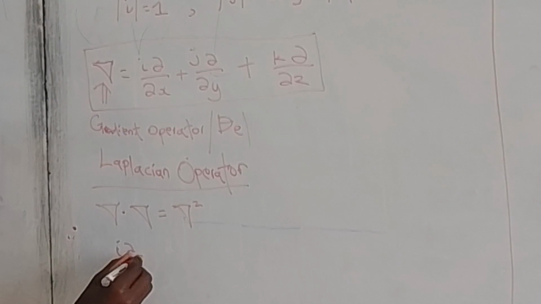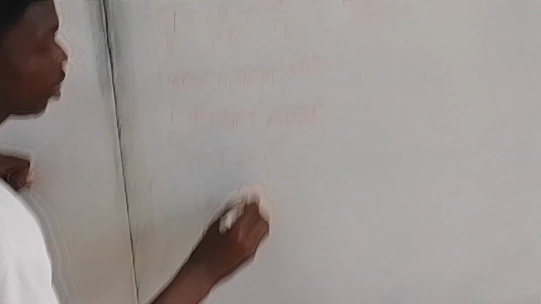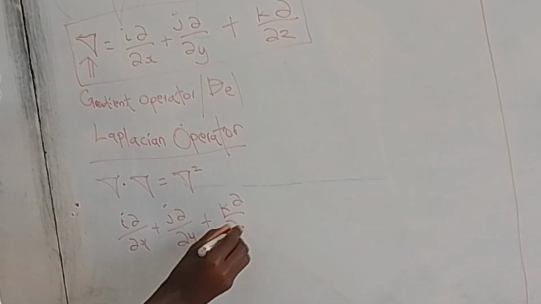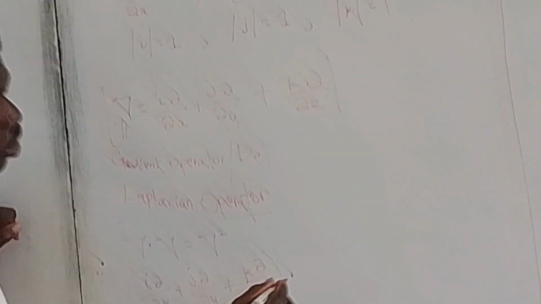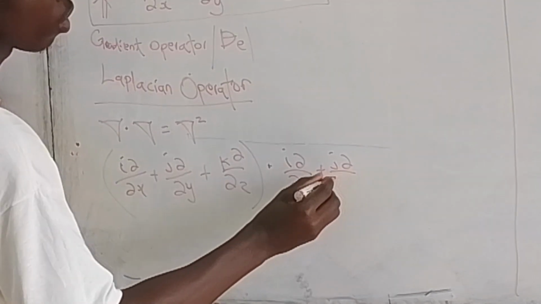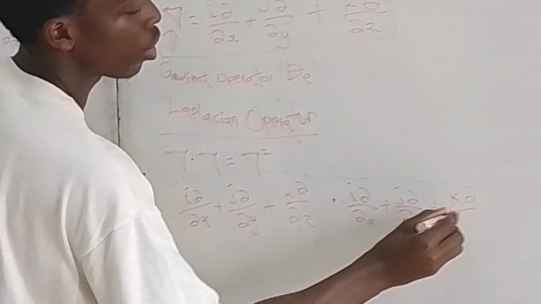So i d over dx plus j d over dy plus k d over dz, dot product of the same function, i d over dx plus j d over dy plus k d over dz.